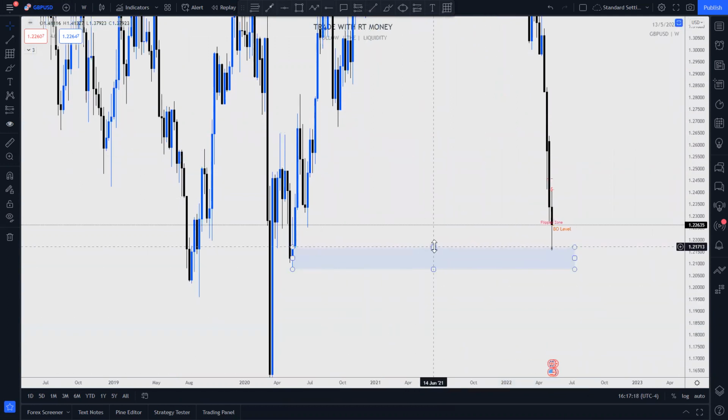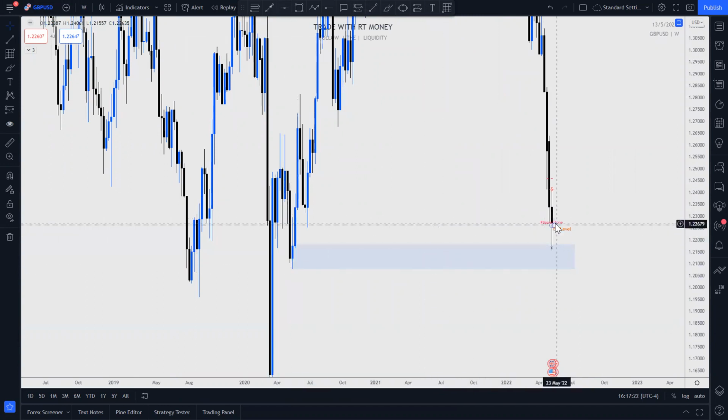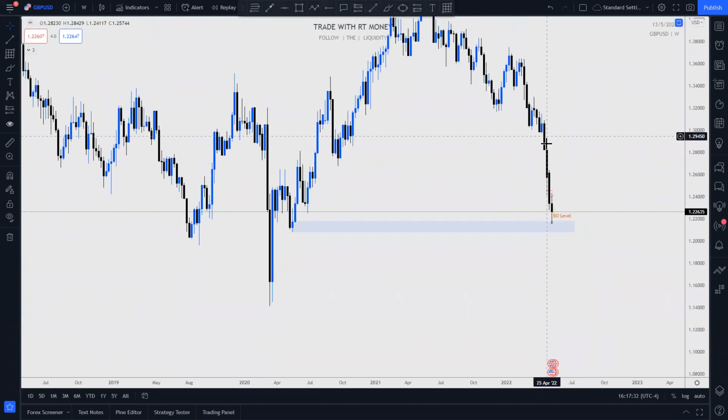On the weekly, this is a refined weekly demand zone. Price has found it and responded to it, right? It has reacted to it. Could it mean a reversal? Hey, anything's possible, but after all this bearishness and all that momentum, I'm thinking price is probably going to continue down, right? But I refined this zone.